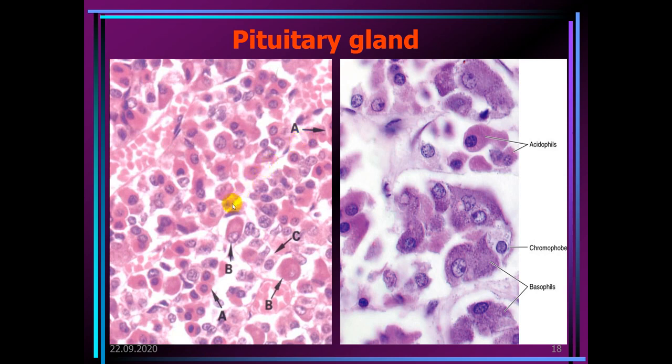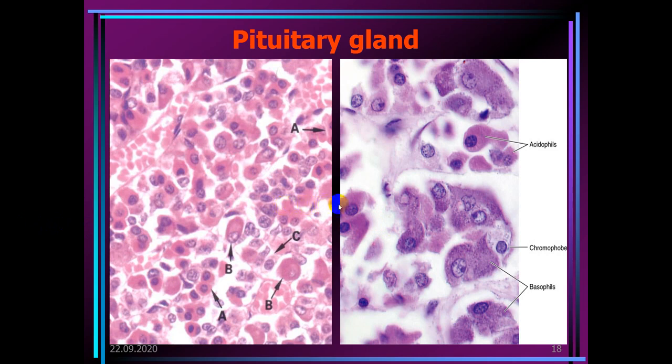Between them you see a delicate network of loose connective tissue with blood capillaries, sinusoidal sometimes, and fenestrated capillaries. On the right is a larger magnification of the same microslide.